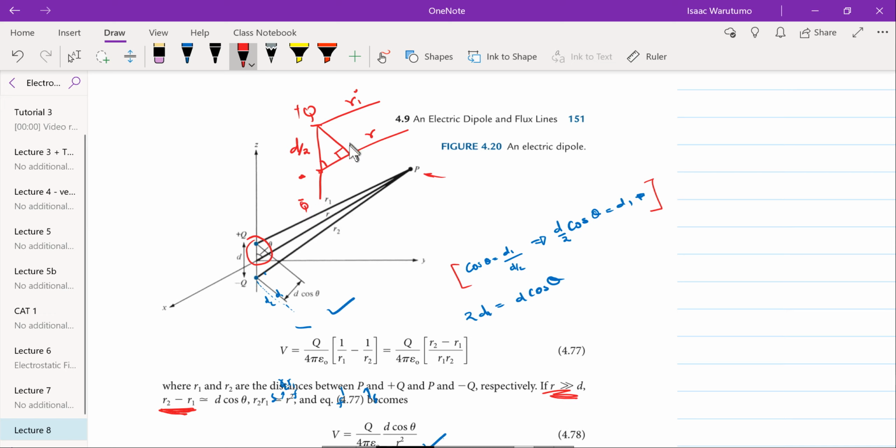Therefore, what we can do at this point is simply say, what is cos theta?